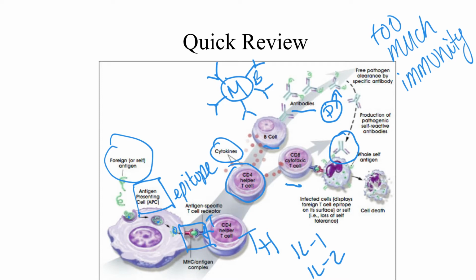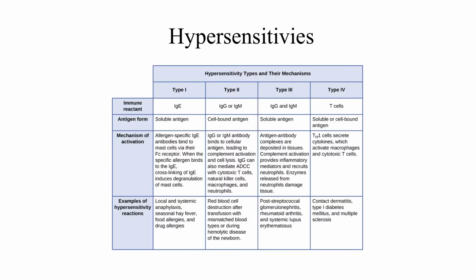When these things happen against our own healthy cells, we refer to them as hypersensitivities. Here is a table going over each of the 4 types of hypersensitivities, which I'll explain to you in this lecture. And in this table, you have the different hypersensitivity types. So we have type 1, 2, 3, and 4. They are going to involve either an immunoglobulin, like types 1 through 3.